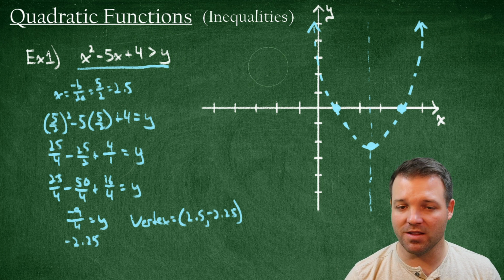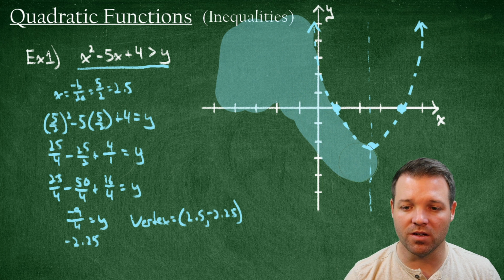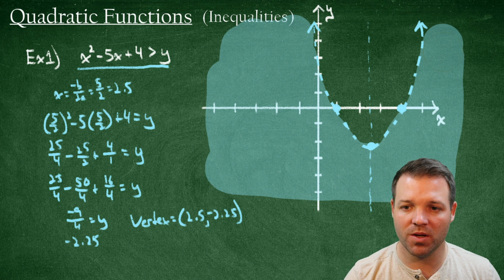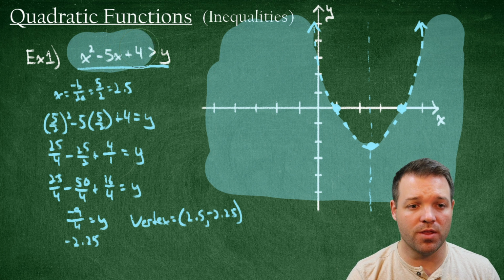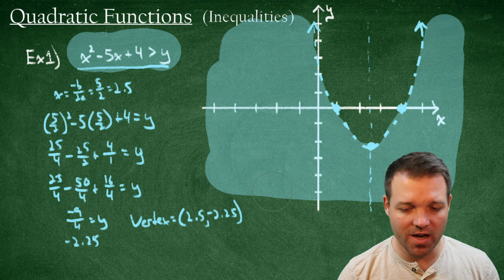Well, yes, that is true. So we would go ahead and we would shade all on the outside of this curve. So I'll do the best I can to do that. So you could pick any other point if you wanted to verify, but anything on the outside of here would satisfy this inequality over here. Okay? All right, let's move on to the next one.